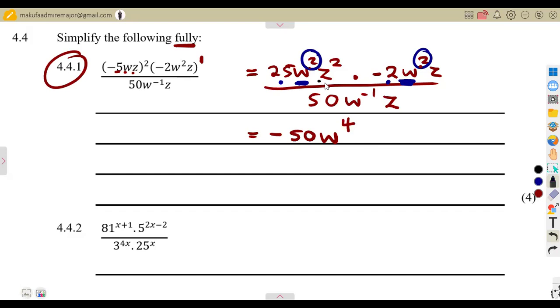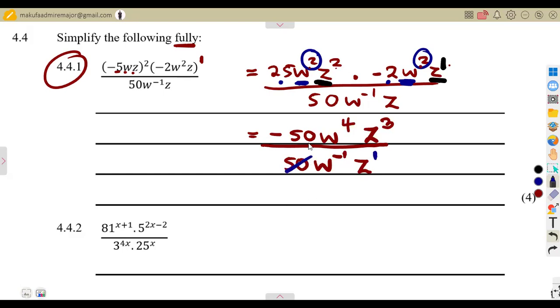The bases in this case are the same, the z and the z, but this is to the exponent of 1. So that is z to the exponent of 2 plus 1, which is a 3. Okay. Everything that you're given is over 50, w to the exponent of negative 1, z, which is the same as z to the exponent of 1.